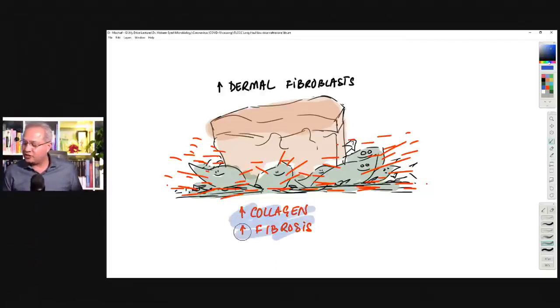So now we have collagen and fibrosis. And when we have low dose naltrexone, that is going to break this part of the cycle as well. So now think about it, how many problems of a chronic disease are managed or handled by low dose naltrexone.